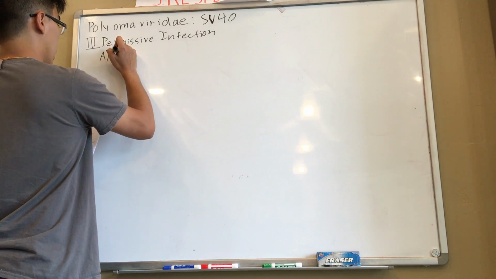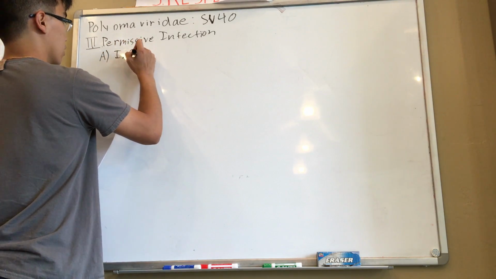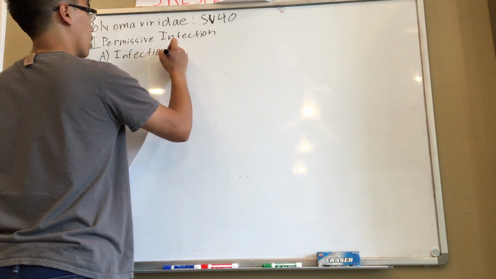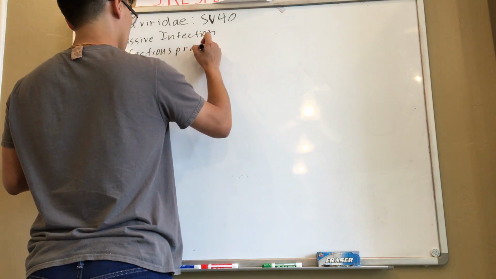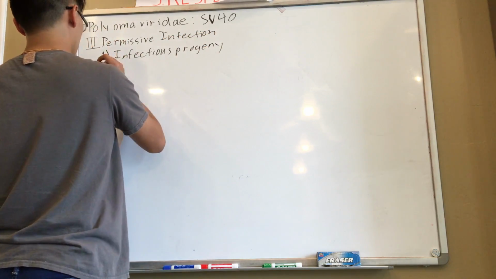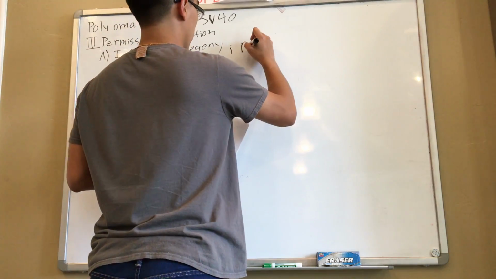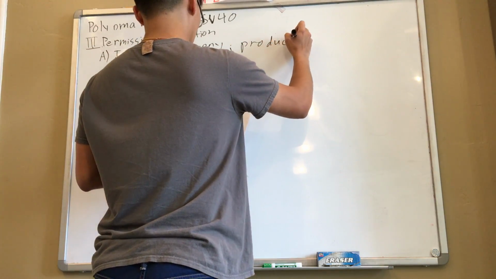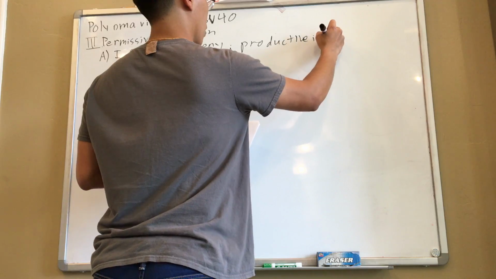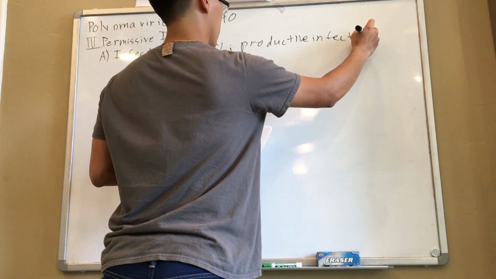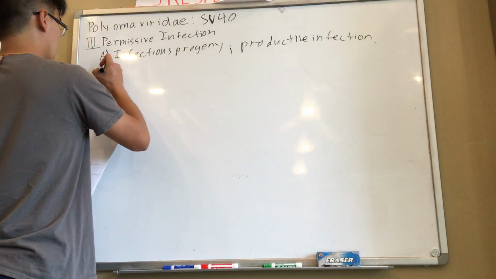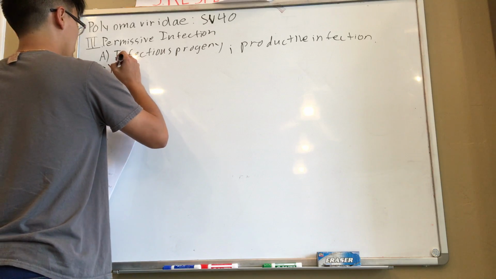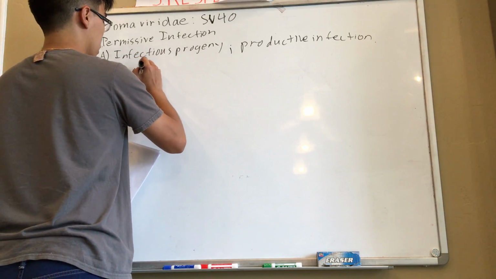So in a permissive cell, SV40 will have infectious progeny. So yeah, productive infection essentially, and you have lysis of cells.